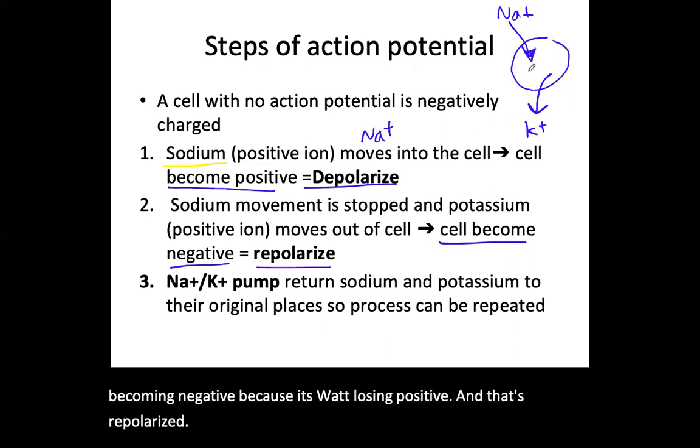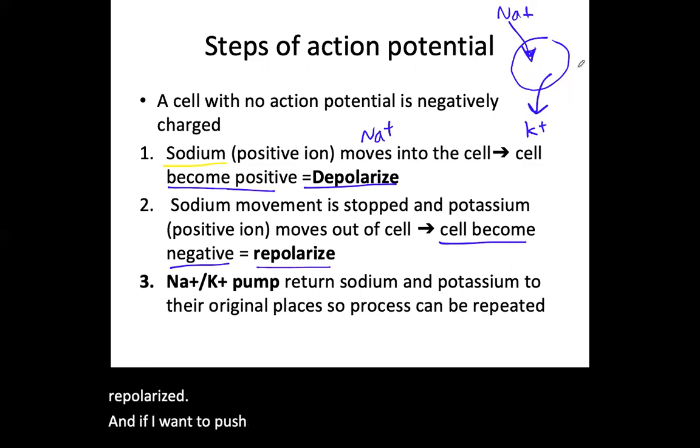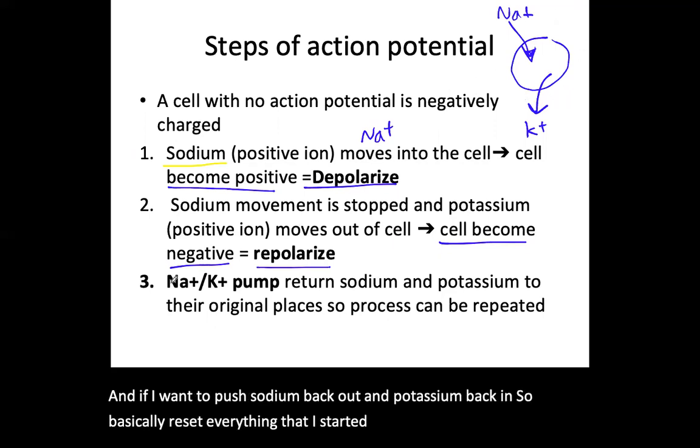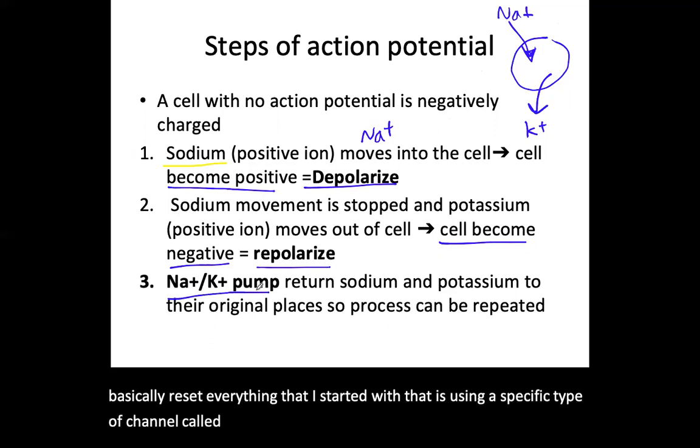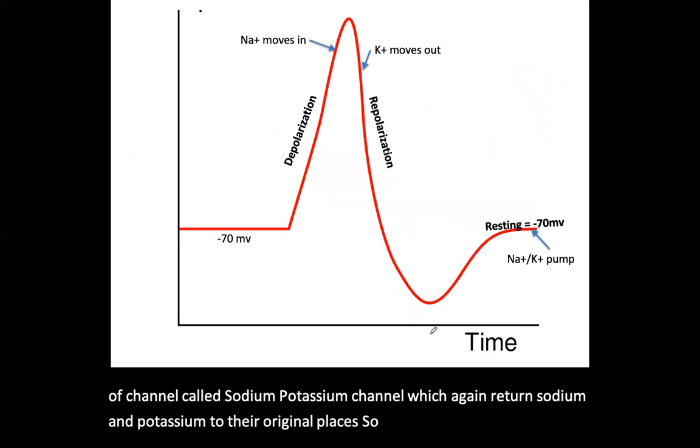And if I want to push sodium back out and potassium back in, so basically reset everything that I started with, that is using a specific type of channel called sodium-potassium channel, which returns sodium and potassium to their original places, so the process can be repeated.